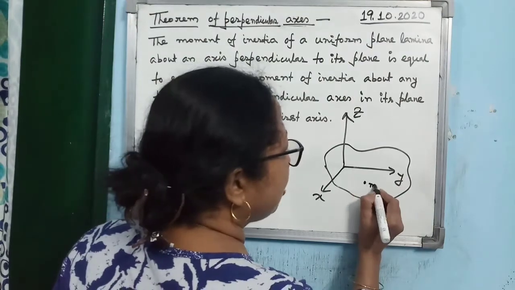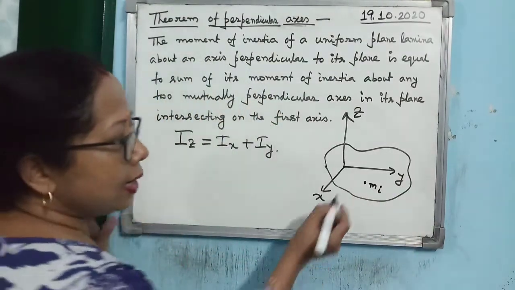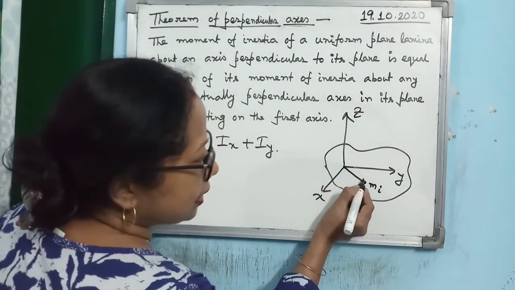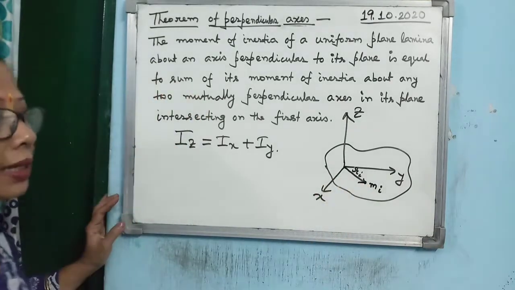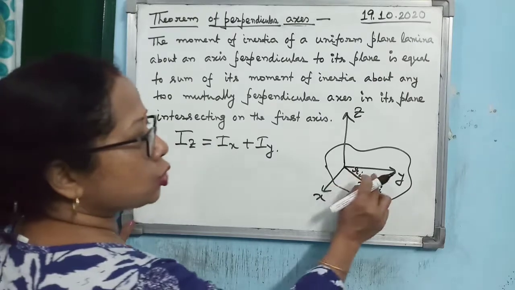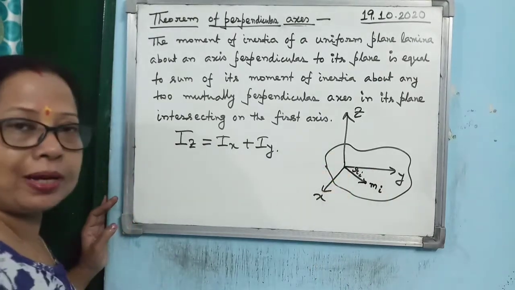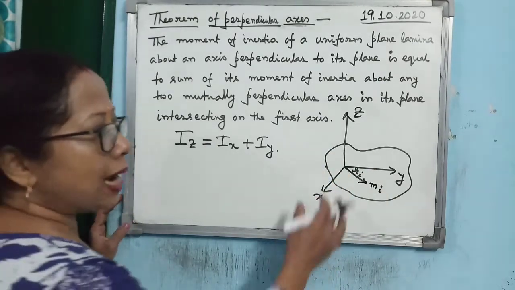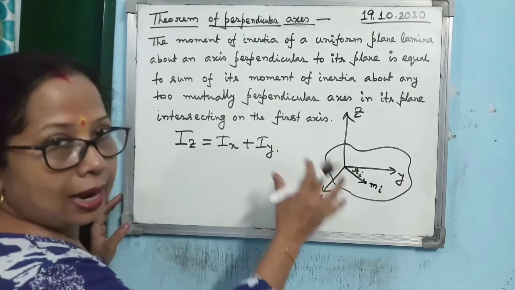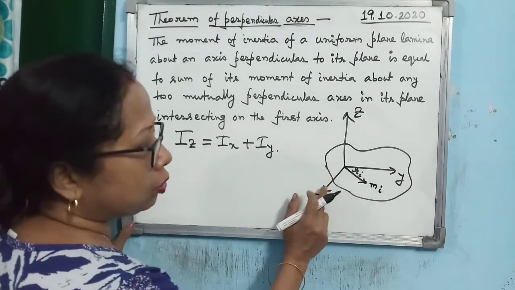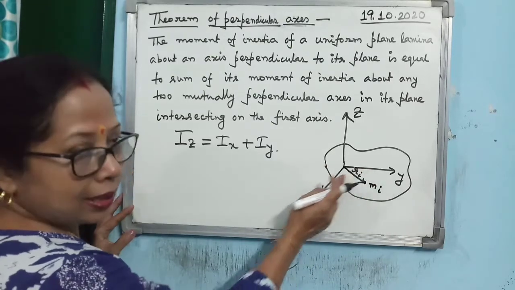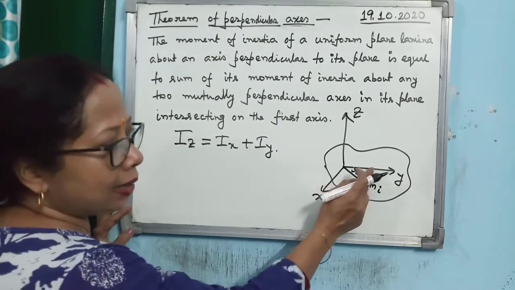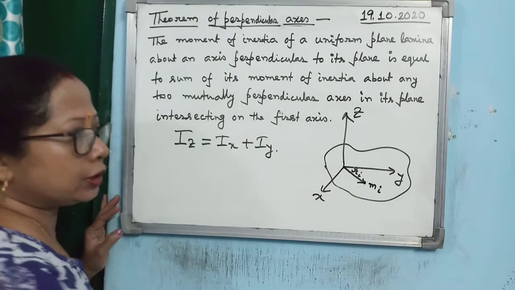Again we have taken one ith particle, which is at a distance Ri from the z-axis. Now actually x, y, z are mutually perpendicular to each other. It is a three-dimensional diagram, but it is not possible to draw x, y, z perpendicular, so x and y are inclined this way. But remember that x and y are perpendicular to each other.